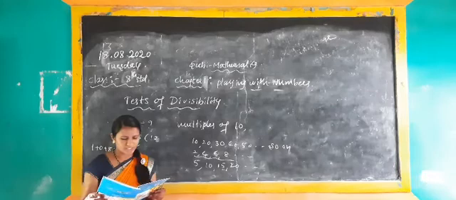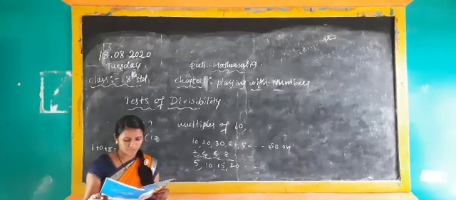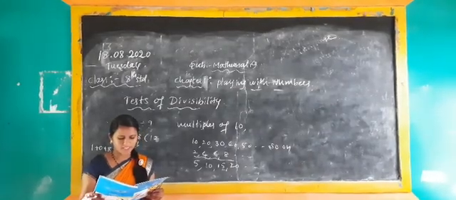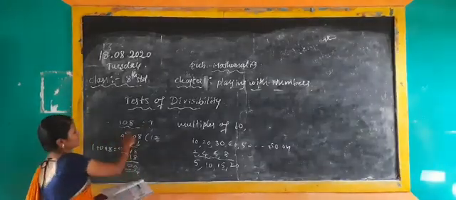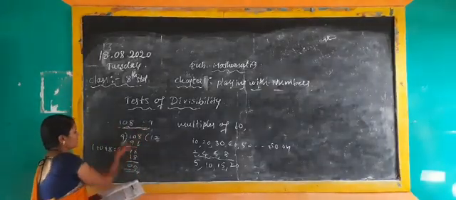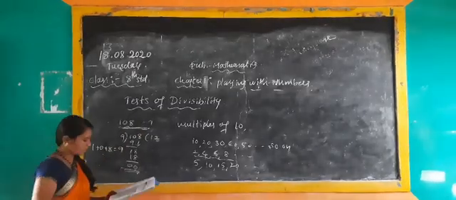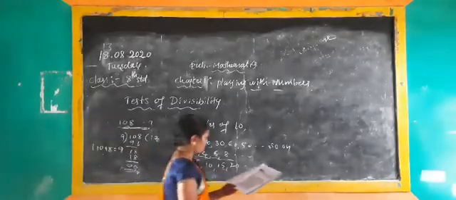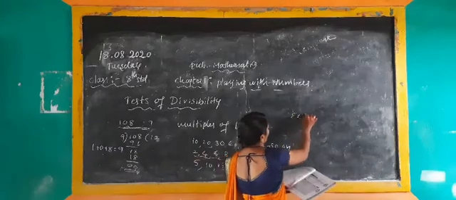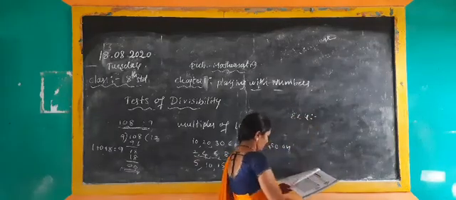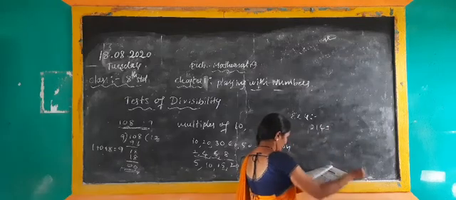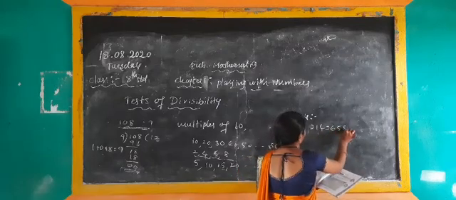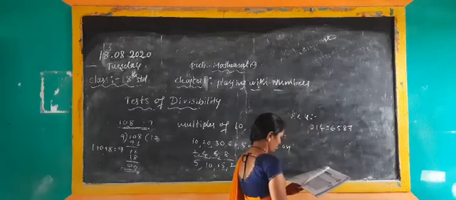Next, example 4, page number 10. Check the divisibility of 2, 1, 4, 3, 6, 5, 8, 7 by 9. Just now I said you can divide directly, or use this method. Here example 4, I will solve. 2, 1, 4, 3, 6, 5, 8, 7.